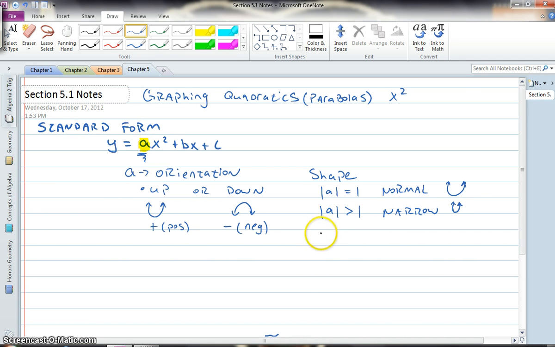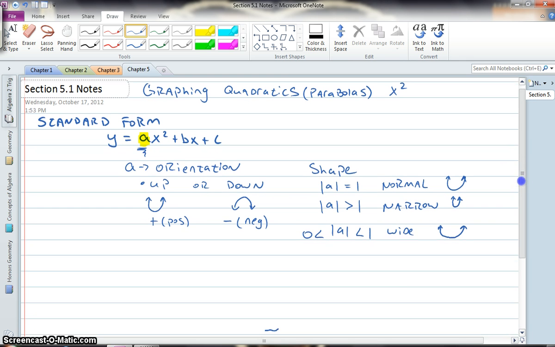Now if our a value is less than 1, however, greater than 0, like 1/2, 3/4, 0.67, something like that, that would cause our graph to be wide, and our U would be a wider shape. So that's what the a value tells you in standard form. That value is extremely, extremely important.